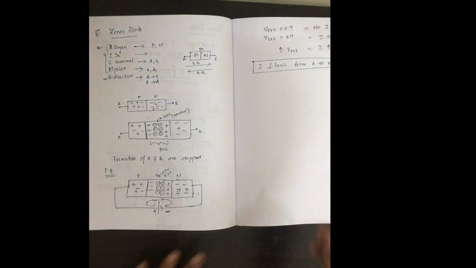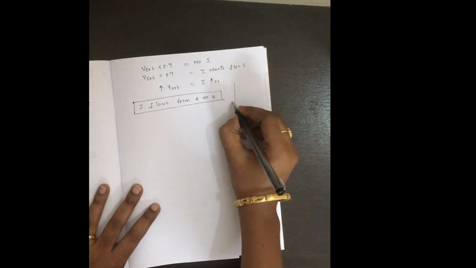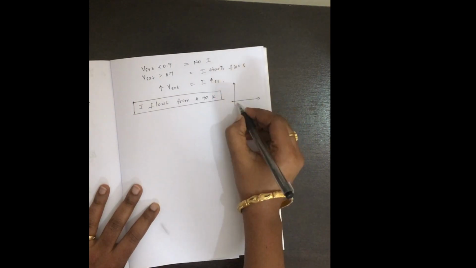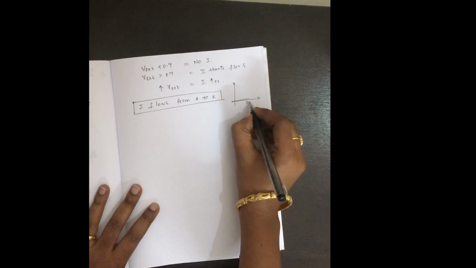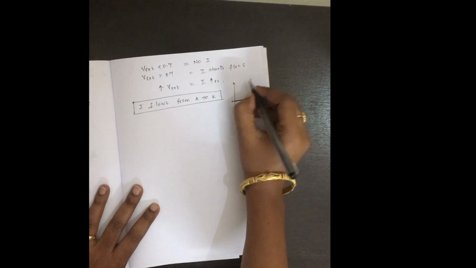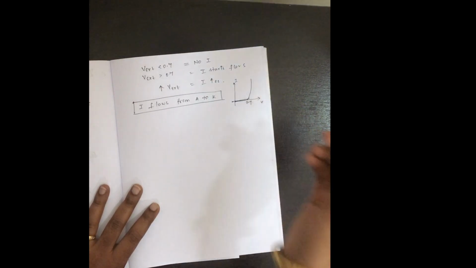This is the same as before, and the graph will be the same. For voltage till 0.7, no current will flow. Once 0.7 is reached, current will flow rapidly. That's the forward bias condition.